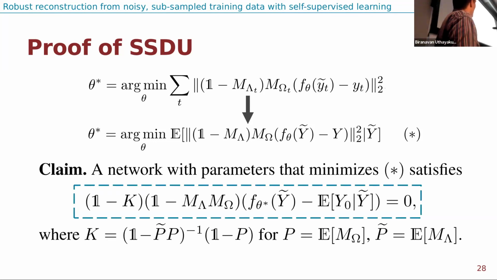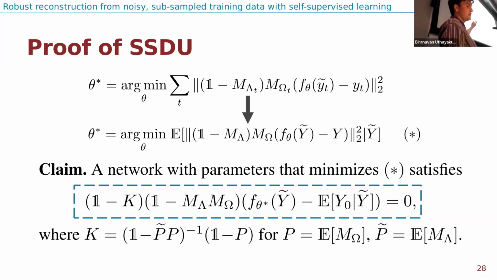So our main result from our preprint is that a network that minimizes that expression star satisfies this expression, which looks possibly a little bit messy, but I'll show you what it means on the next slide.